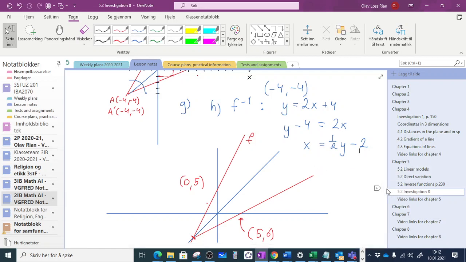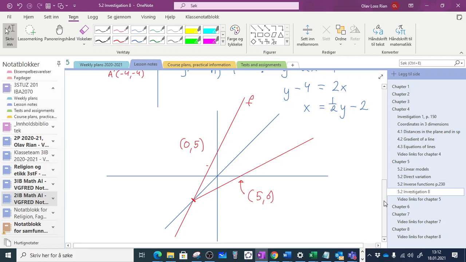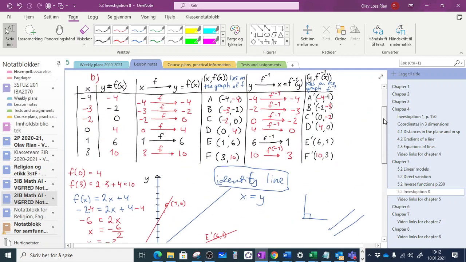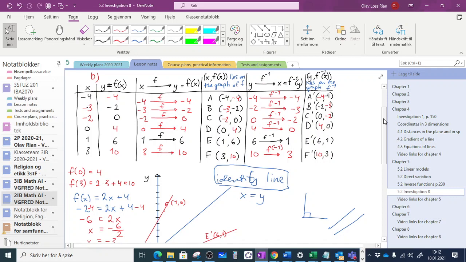Another way to do it would be to use the point gradient formula. y minus y1 equals m multiplied with x minus x1, and then we could use one point on the graph. For example, 4, 0.